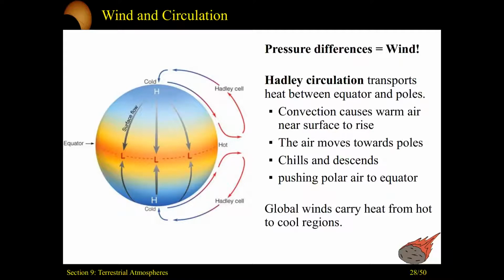Now, through processes of convection, that hot air is going to rise, and with the Hadley cell, this whole thing here is what we mean by the Hadley circulation. That warm air rises. That warm air is creating a pressure difference, right? We have cold air here at the north and south poles, and that cold air, lower pressure, will then start to push out, right?